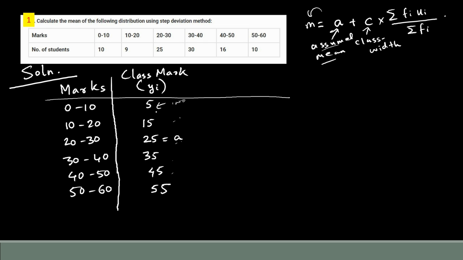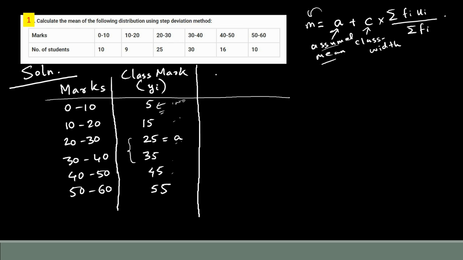Then from common sense, something near to 5 will be your average, right? Because 1,000 numbers of 5s are there. But better to keep your assumed mean in the exam in the middle: 25 or 35 if it's an even number of classes, or the middle number if it's odd. Okay, so you found out your class mark column.